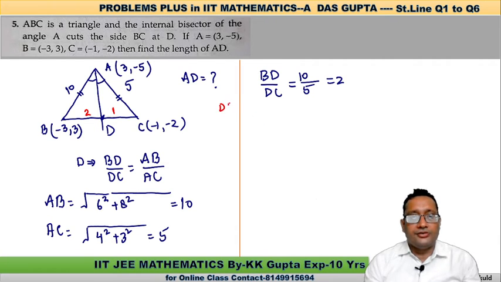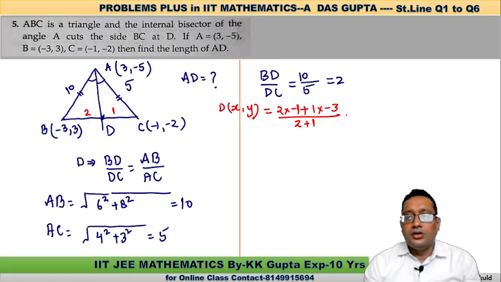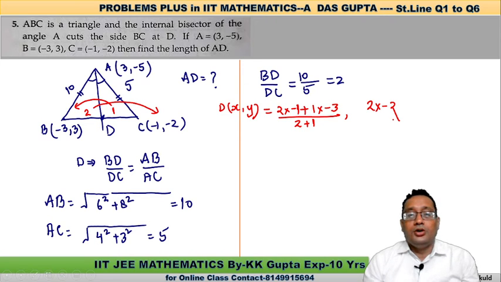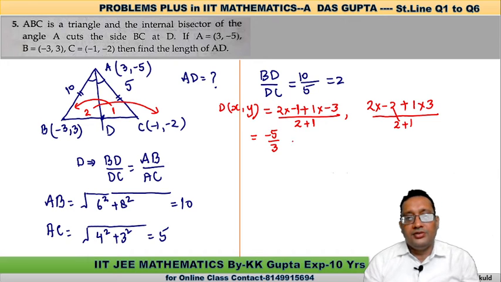So the D coordinate (x, y): x is (2 into -1 plus 1 into -3) divided by (2 plus 1), and the y coordinate will become (2 into -2 plus 1 into 3) divided by (2 plus 1). 2 multiplies with this and 1 multiplies with this. -2 and -3, that is -5 by 3, and -4 plus 3 is -1 by 3.